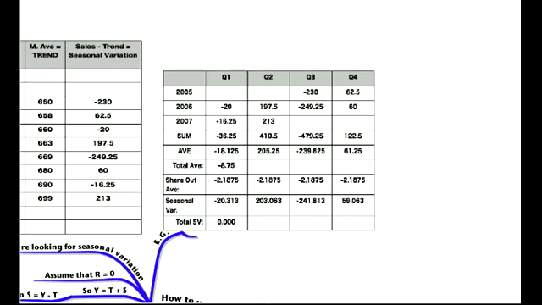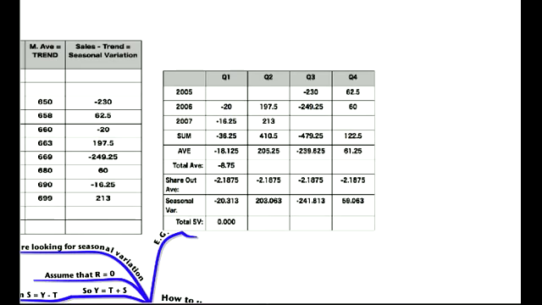Now what we do find is that this should all add across to 0, because obviously we're just seeing how that seasonal variation fluctuates around the trend. So the total of it actually comes across to 8.75. So if we add across our averages, we come to 8.75.